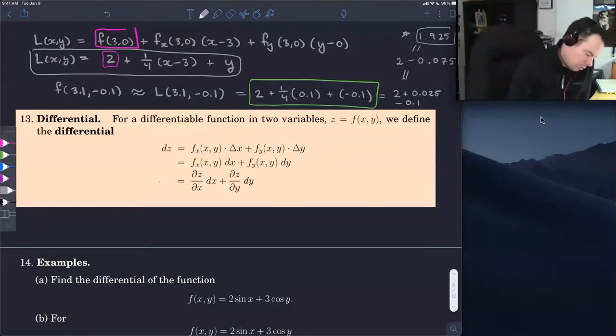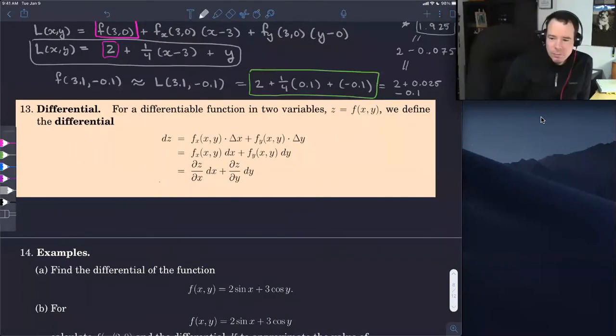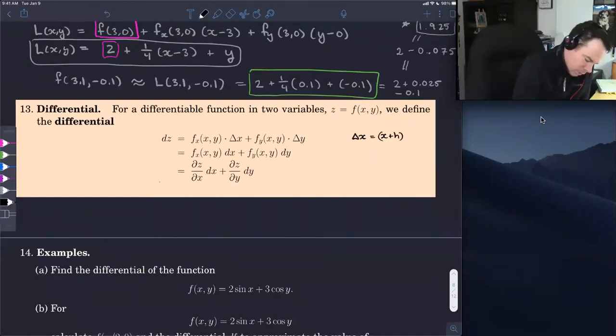And so that's what we've just captured here in this box: the differential dz is how much the z value is going to change by if you change the x and y values by delta x and delta y. So here, delta x is essentially the new x value, so maybe we'll call it x plus h, I move it a little bit, and then I take away my old x value that I started at.